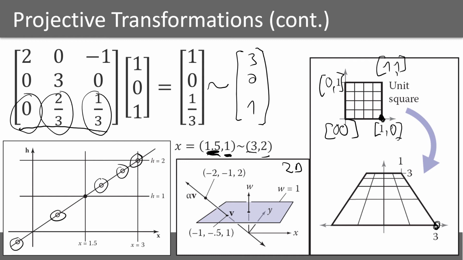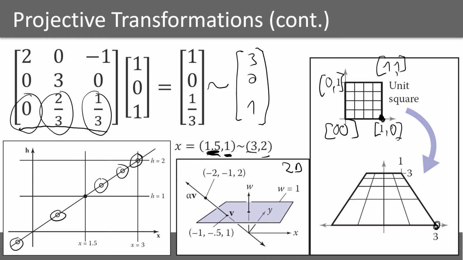Let's just calculate the point 1, 1. What will happen to the point 1, 1? The point 1, 1 will have 2 times 1 plus 0 times 1 plus minus 1 times 1. So it will be again 1.